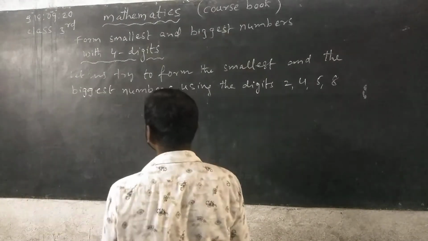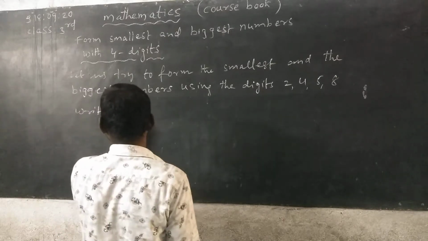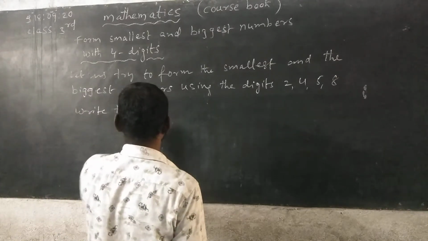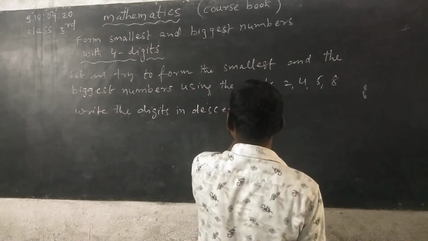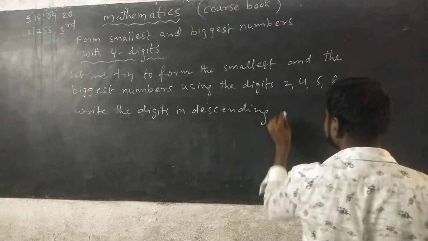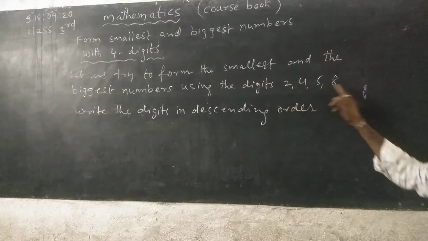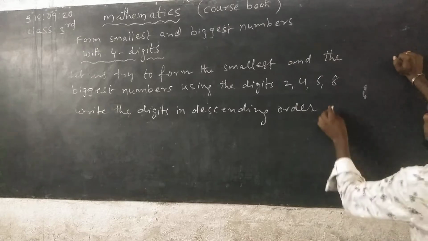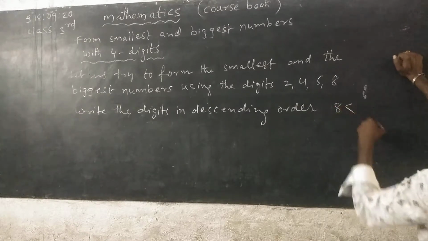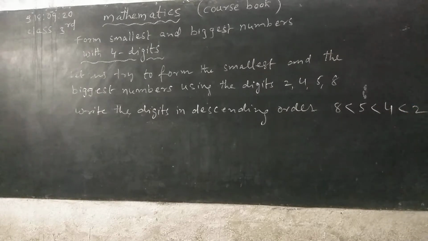Write the digits in descending order. See here, 2, 4, 5, 8. Among these digits, the greatest digit is 8.